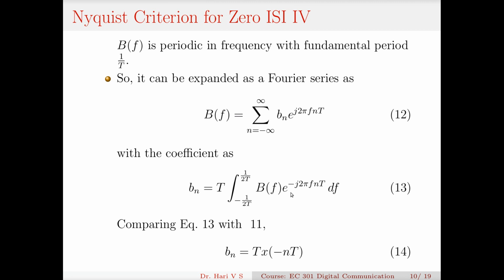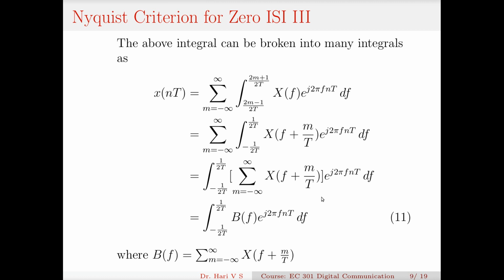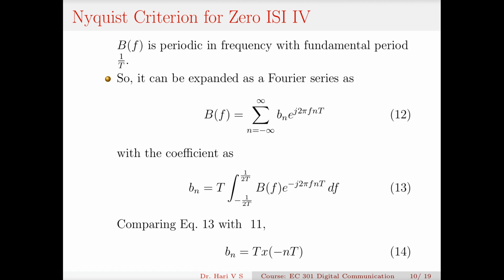Now if I compare this equation 13 with equation 11 here, you can see that x(nT) is this integral of B(f) e^{j2πnfT}, and Bn is T times the integral of B(f) e^{-j2πnfT}, which says that Bn is nothing but T times x(-nT).